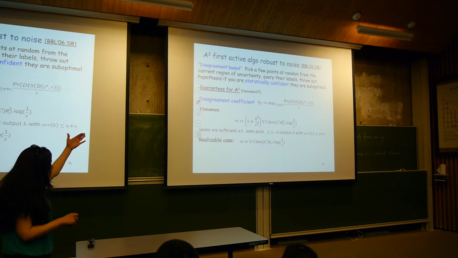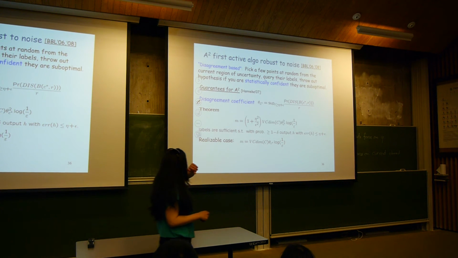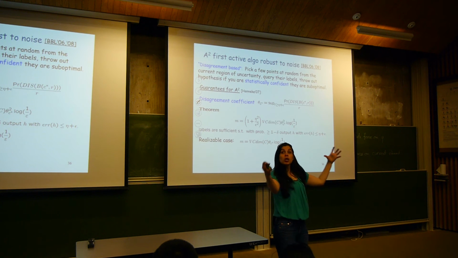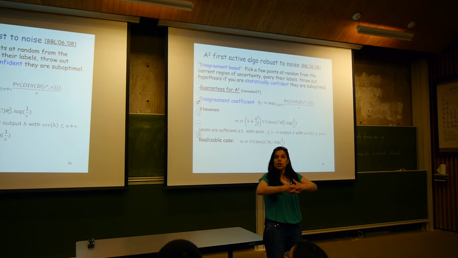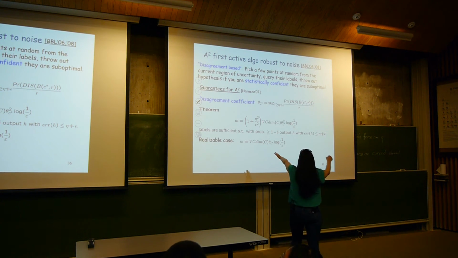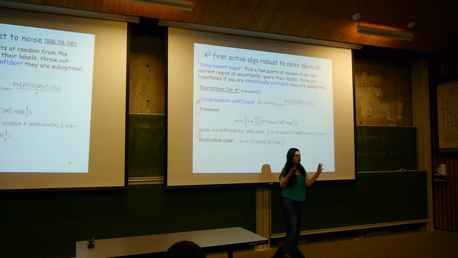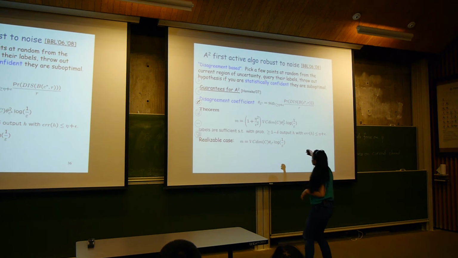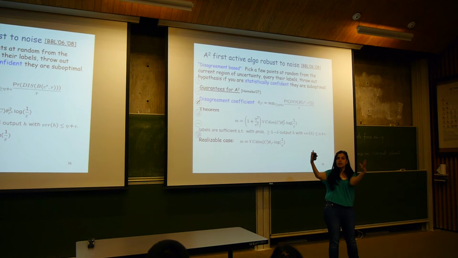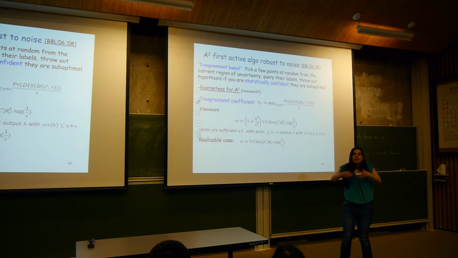Here's a simple example, based on the so-called disagreement coefficient, which is this formula over here. The details are not important; I'm just going to mention what it means. The disagreement coefficient captures how quickly the region of disagreement collapses as you get closer and closer to the target function, which is a very natural quantity to appear in this type of algorithm because we only sample points from the region of disagreement.